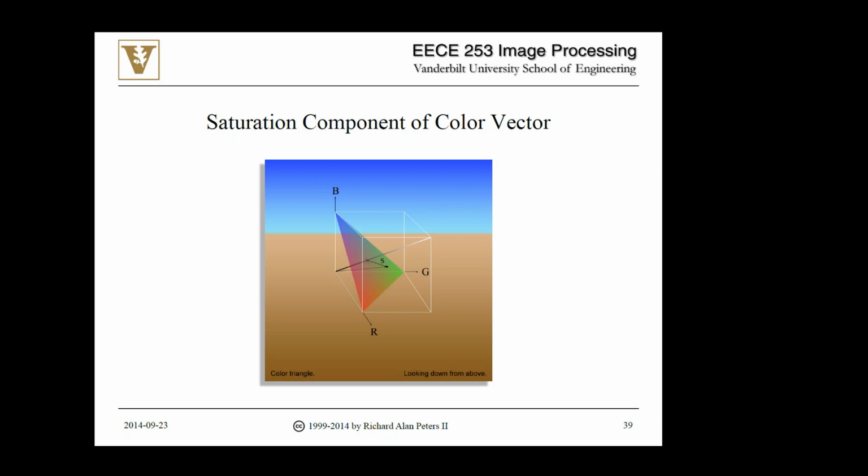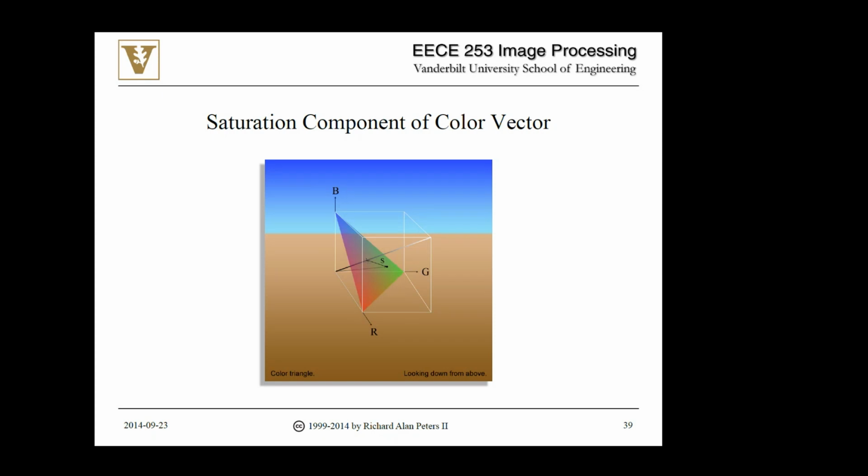It is the intersection between this line and this plane. So it has a gray value. And this length is the value. So in hue saturation value, the value is this length, how separated the plane is from the origin.